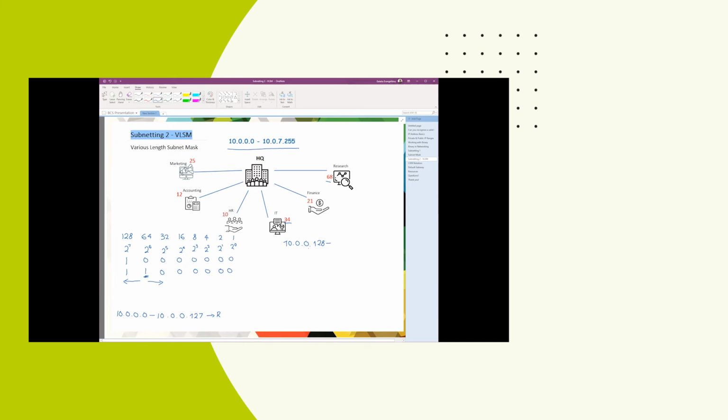So if you do the math here, plus 64 is going to be what? 10.0.0. If I'm not mistaken, 192, 191 sorry, because this is my next network. So my last host is going to be 191. Okay, sorry.